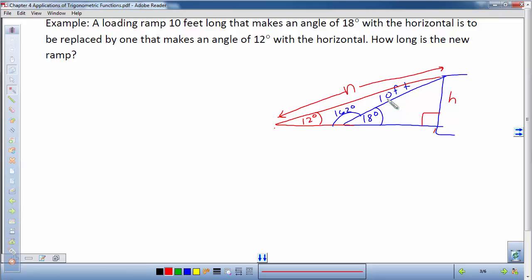I may have misled you, I'm sorry, but we could say n over sine of 162 degrees is equal to 10 over sine of 12 degrees. Does that make sense?